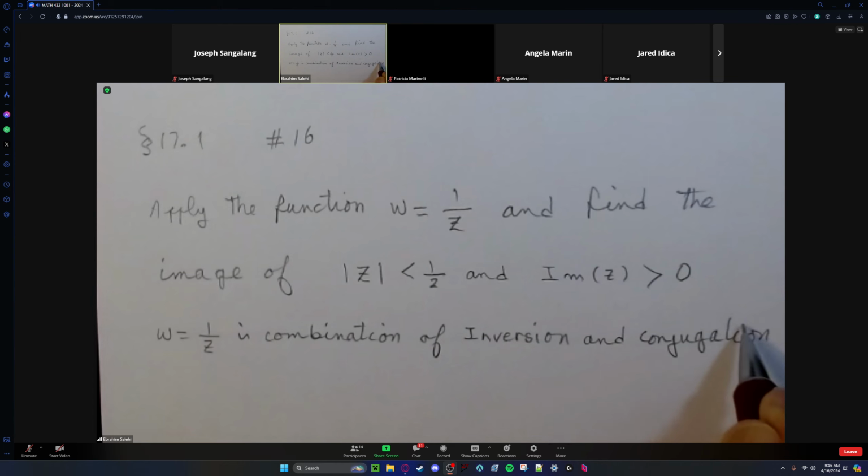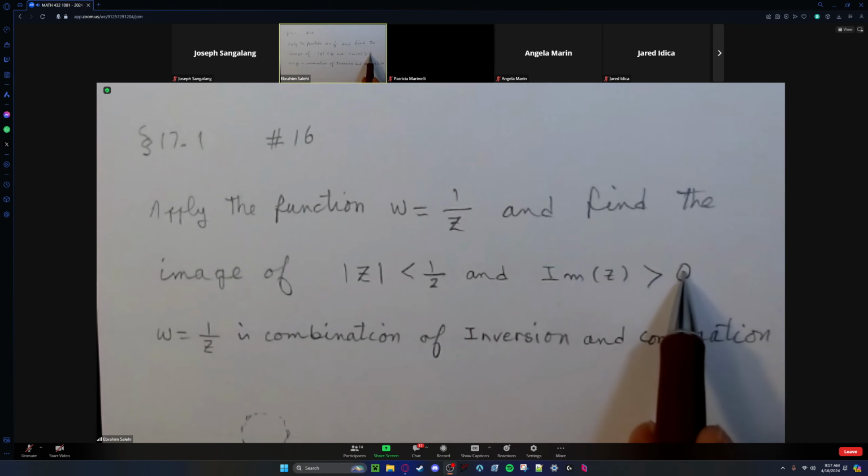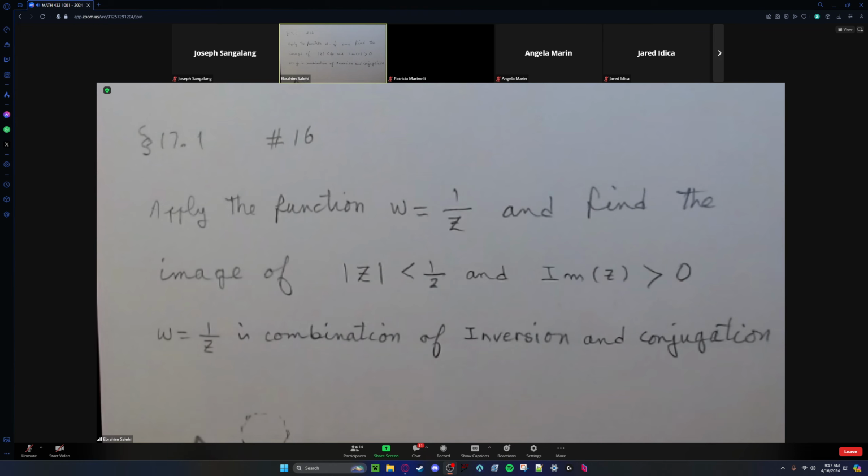Okay, good. Let's have a little picture here. Here is the circle of radius 1/2, but the imaginary part is supposed to be positive. This is it.